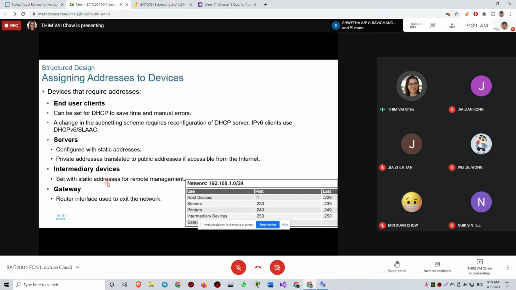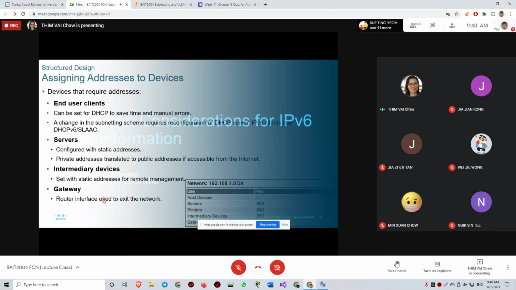That's why on most of your switches you will have a VLAN, virtual local area network, which we use for remote management. Then definitely we have a gateway for the router. So this is a part.